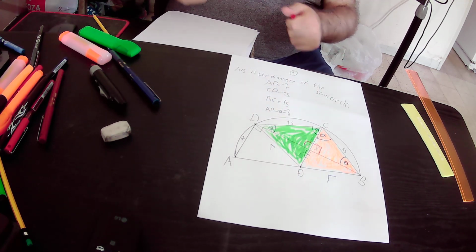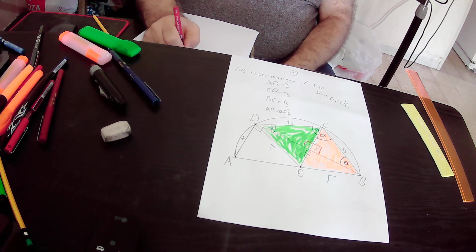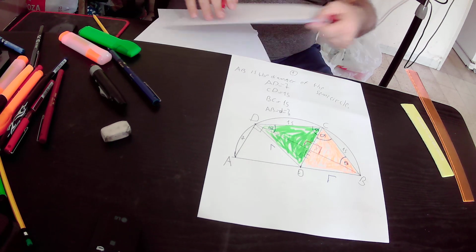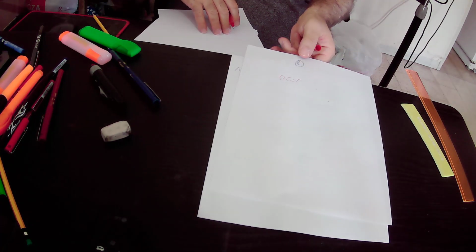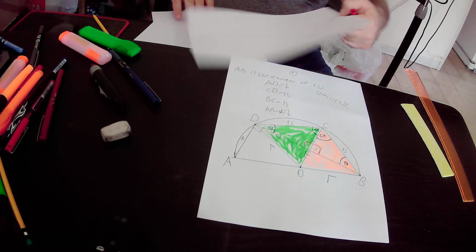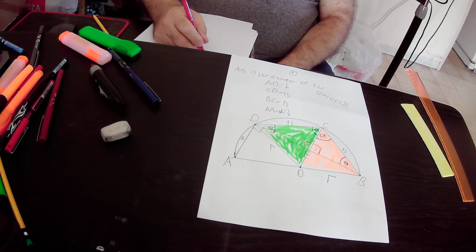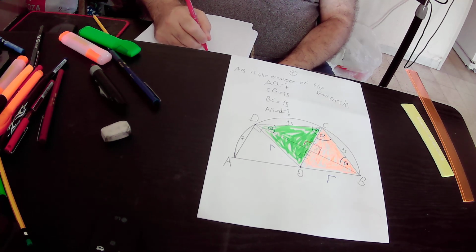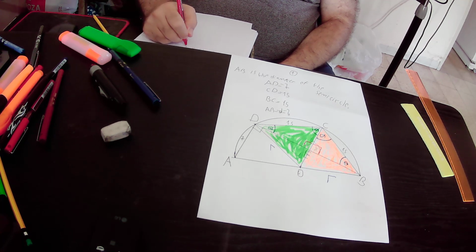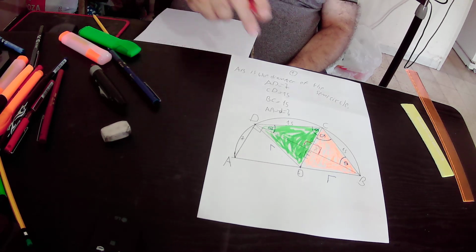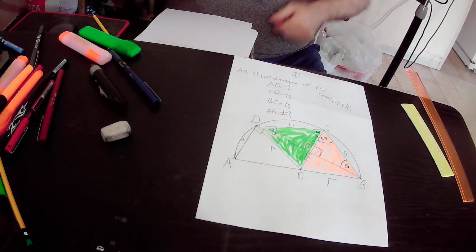We will mark it as R. OC equals R. So from that we can deduce that OC is a straight line.